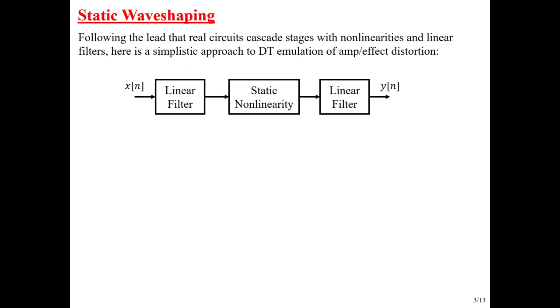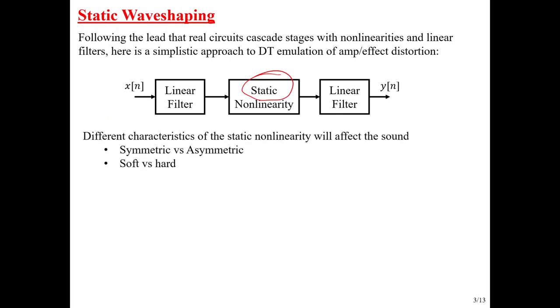For a linear filter, we're thinking of those as having some sort of dynamics, some sort of memory. So the output here at a given instant of time depends on the current input plus a whole bunch of past inputs, or equivalently, past inputs and past outputs. So that's the difference. That's why we call this a static nonlinearity.